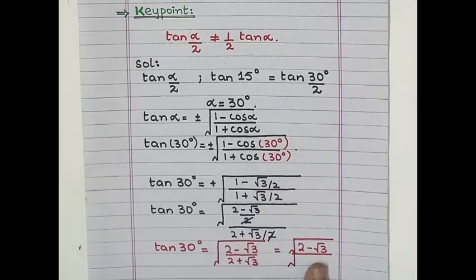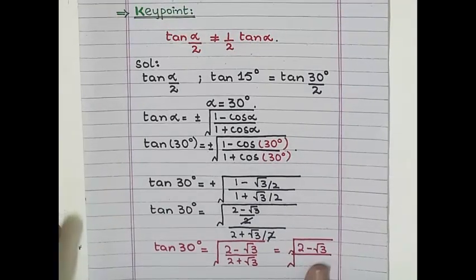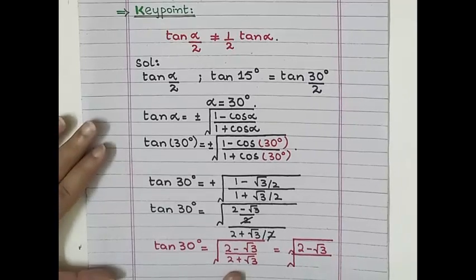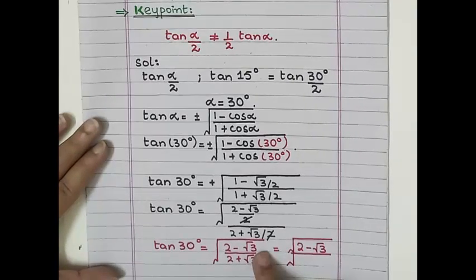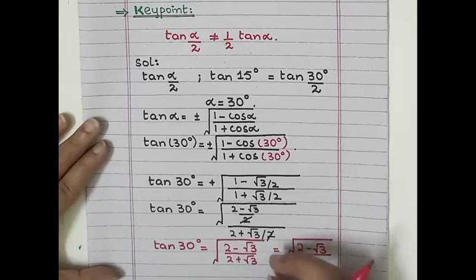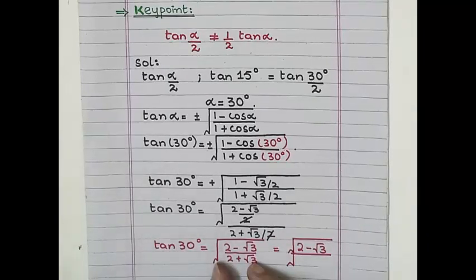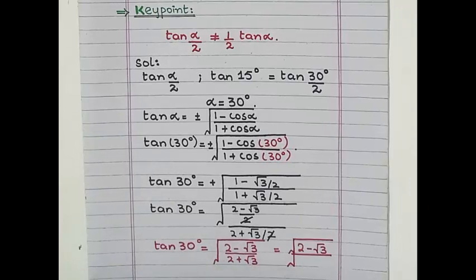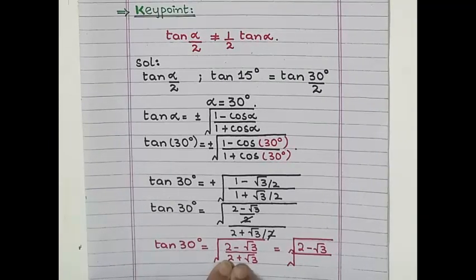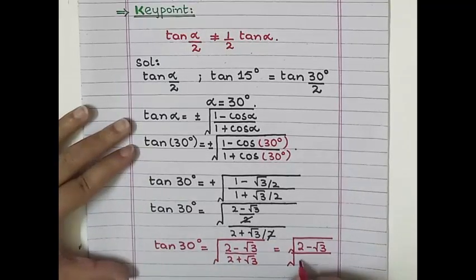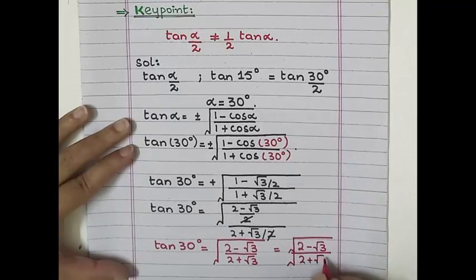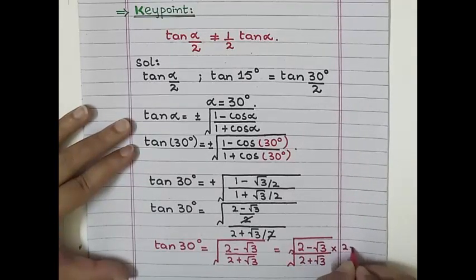Now in this step we will rationalize the term. In rationalization, we multiply and divide by the term which is in the denominator, with the only difference being the sign. Here we have a positive sign, so we rationalize with 2 minus root 3, multiplying numerator and denominator by 2 minus root 3.